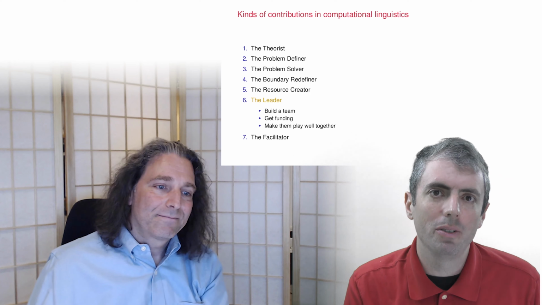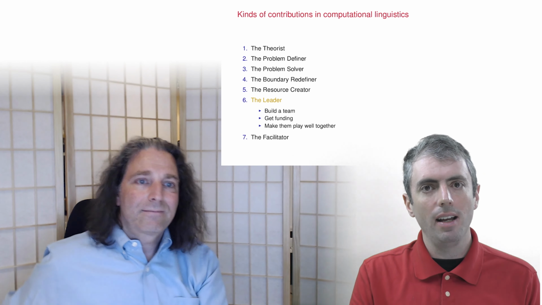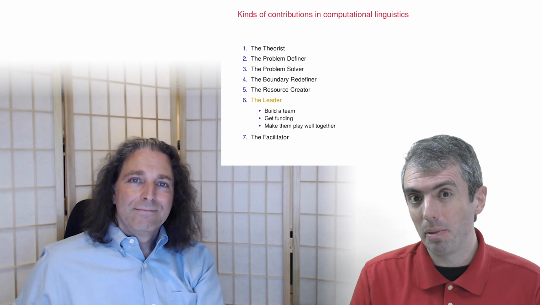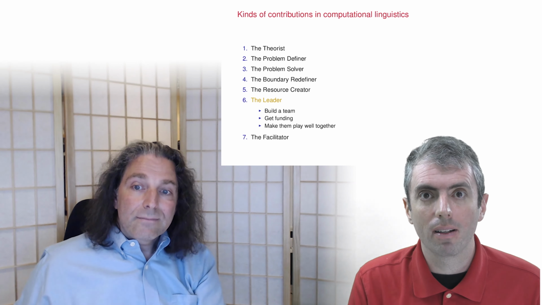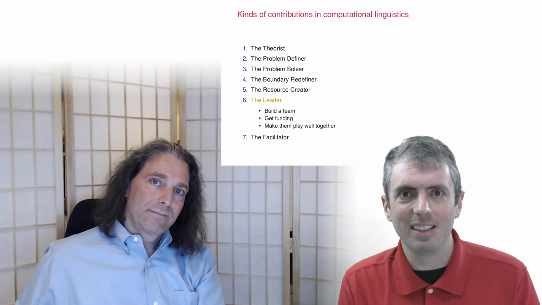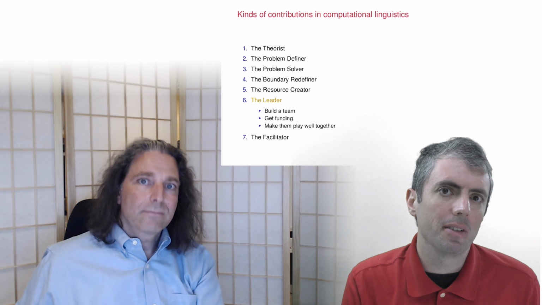Let's move on to archetype 6, where the question of what to work on and how to work on it becomes a little bit more clear. Here we're moving away from roles defined entirely by research projects, but these are clearly indispensable to the research endeavor.